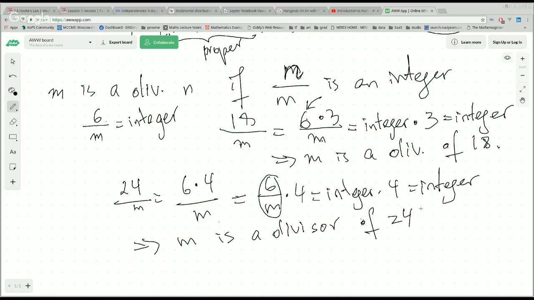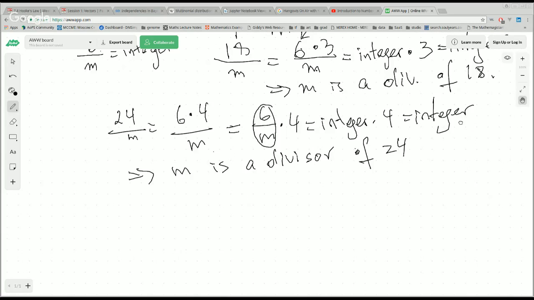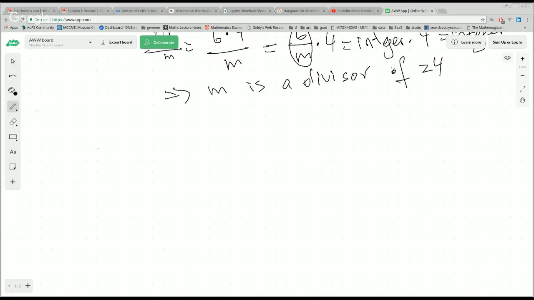Now the book goes on to mention something that might be thought of as obvious, but nevertheless I'll mention it. For example, if we're hunting for the divisors of 36, we know that a divisor of 36 cannot be bigger than 36. Why is that?